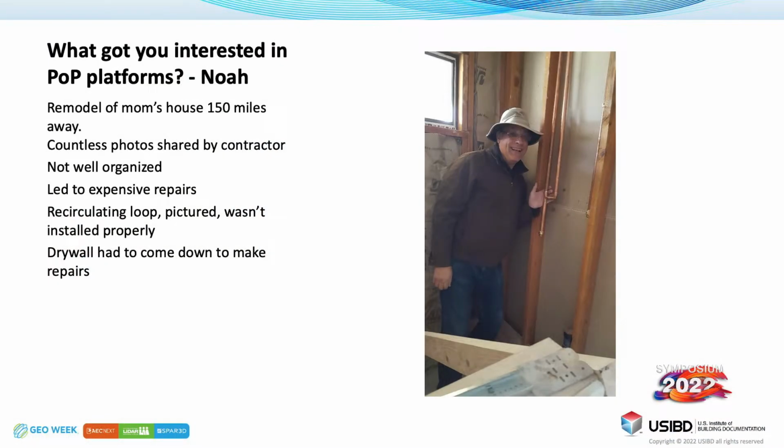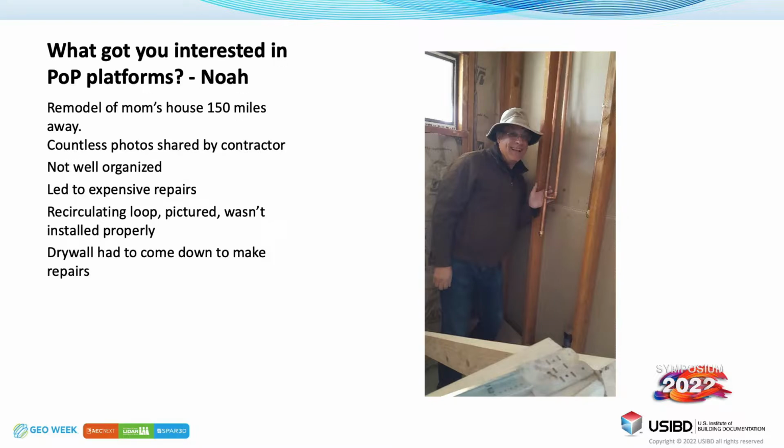As you can see here, this is actually a photo of my stepdad. This is not me. My mom and stepdad were remodeling a house, and they were about 150 miles away during this process. So they had to trust their contractor, which can be challenging at times. Being in Central California, they're very conscious of their water usage, and specifically he asked for a recirculating loop in the wall so that he could heat the water before it ever leaves the wall.